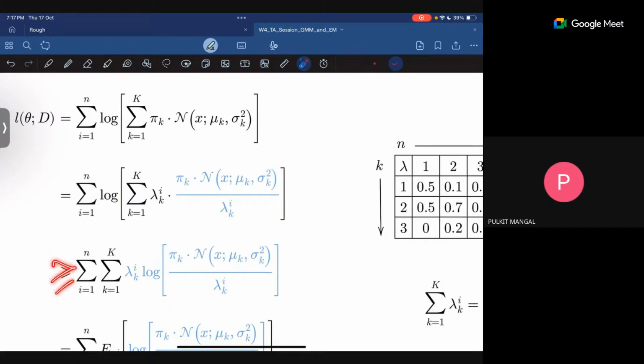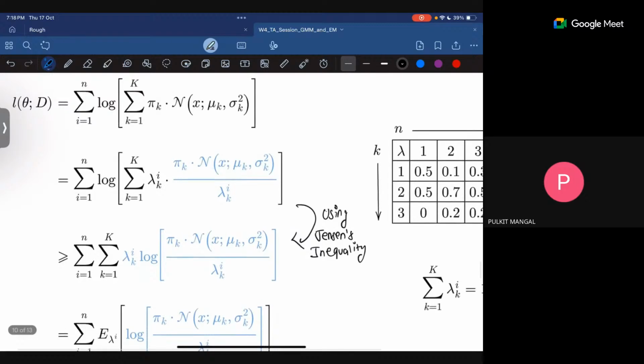Using Jensen inequality, this would be greater than or equal to, this lambda comes out and the inner part that was here will remain as it is. Using Jensen's inequality. Is this part clear to everyone till now?